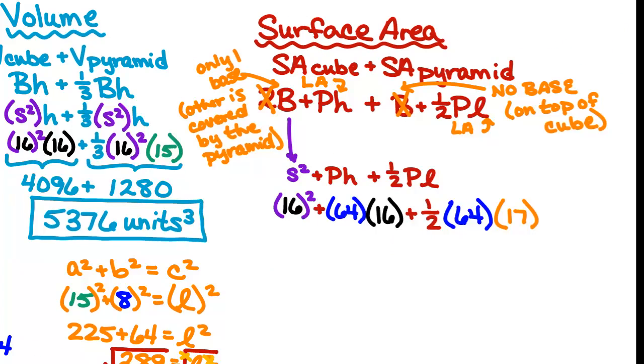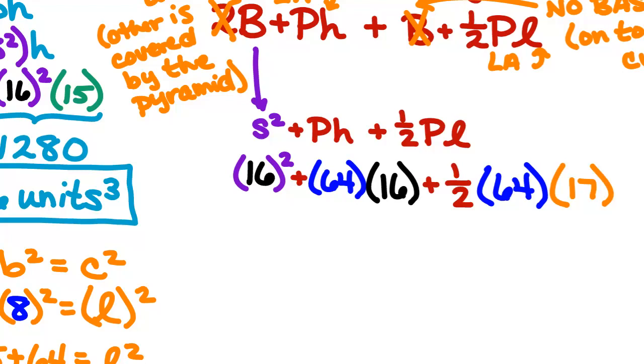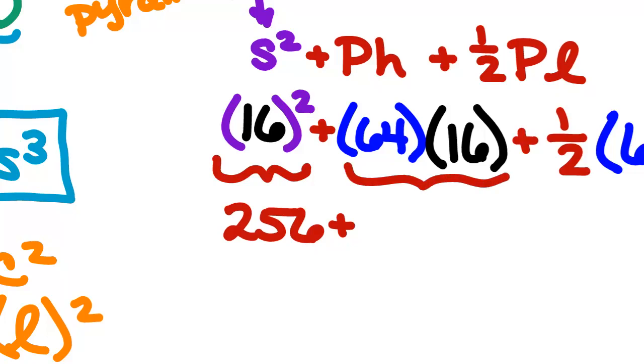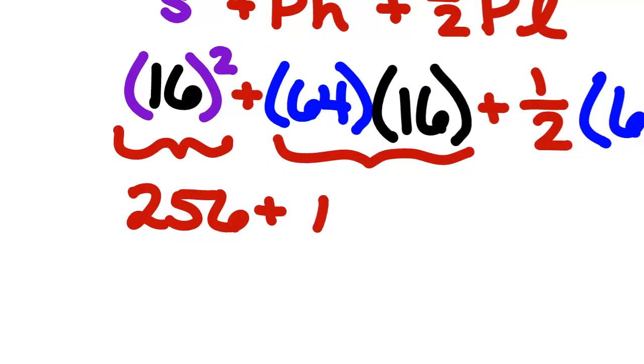All right, let's calculate each of these pieces separately, and then we will add them together. Let's do 16 squared first. What is 16 squared? 256. Plus, now we do 64 times 16, 1024.